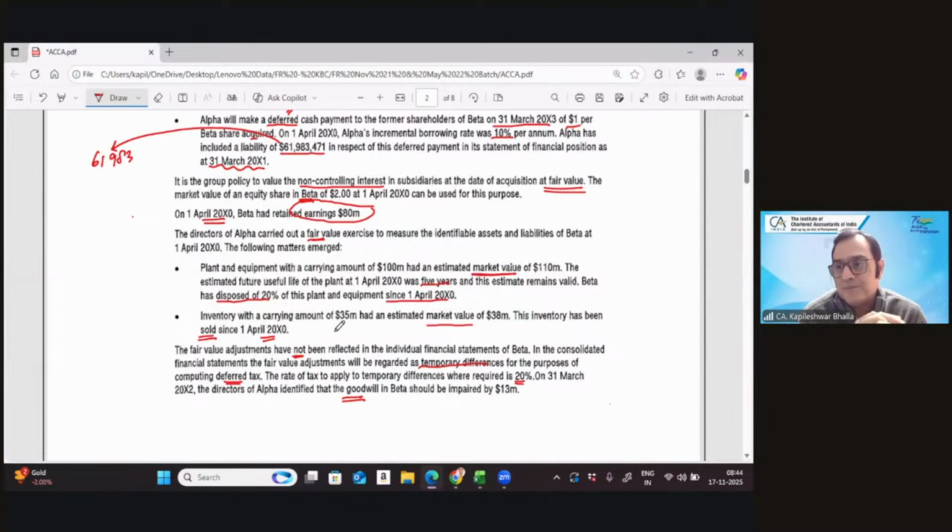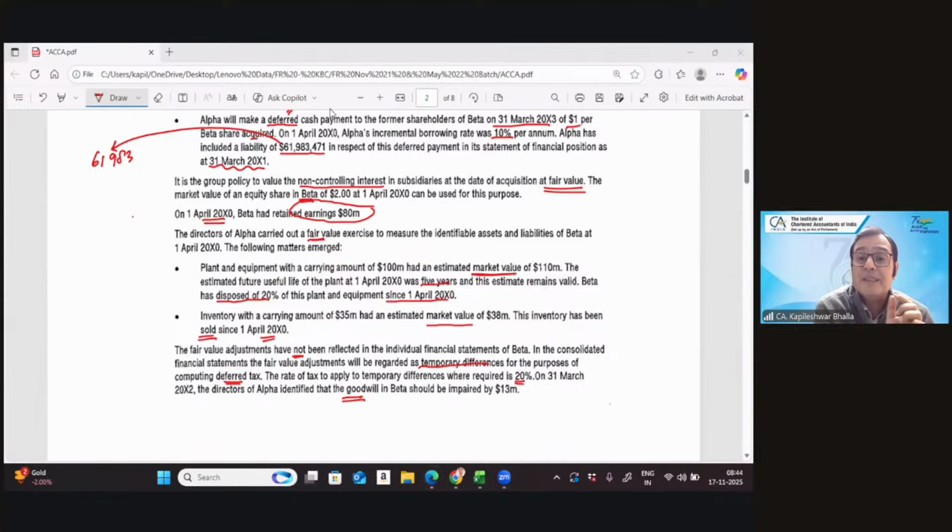Now the question that comes further to mind is, it says that this inventory stands disposed of since 1st April. Now if this stands disposed of since 1st April, what am I supposed to do? Am I supposed to reverse the profit on sale? Because if the inventory got sold, that figure of 20,000 would also be including that figure, correct? So we need to make a reduction. That's right, absolutely.